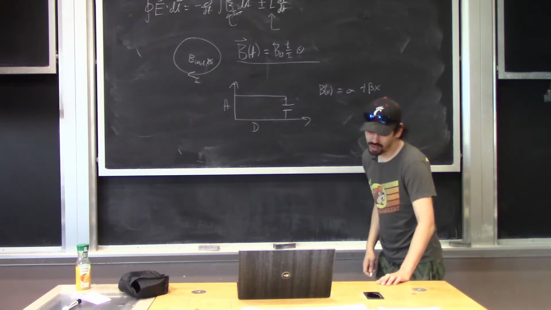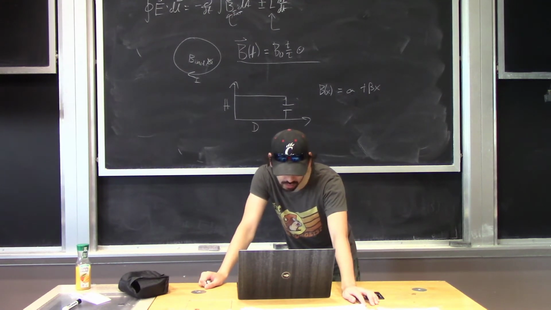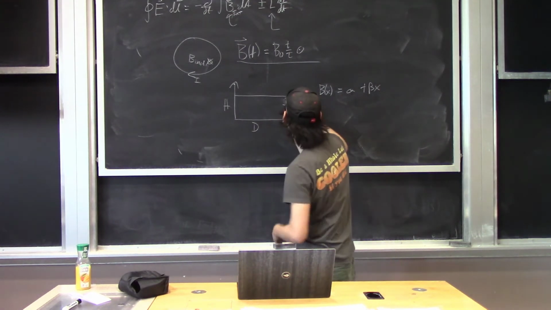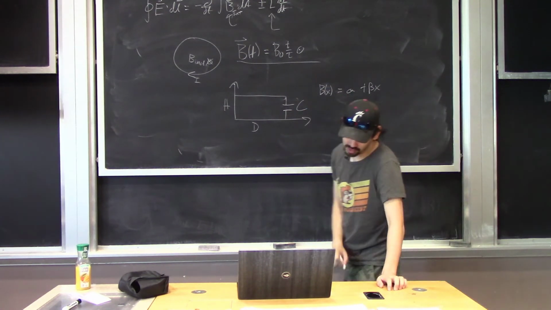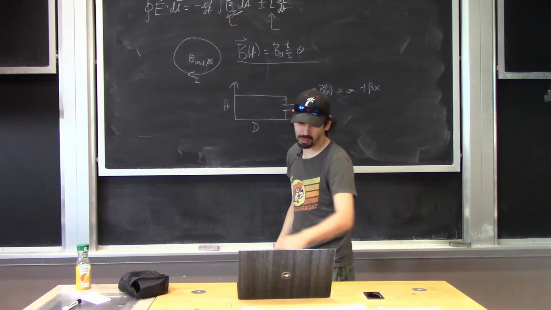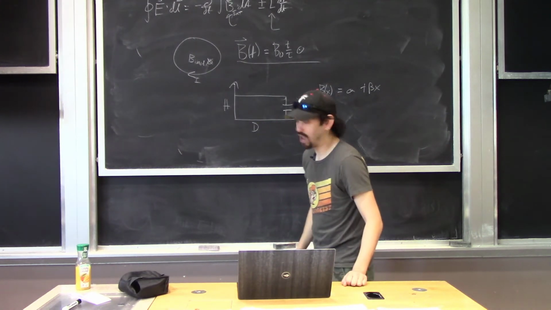The capacitor plates are separated by W and have an area of A. So this capacitance is not explicitly given, but you can find it based on the geometry that it gives you.